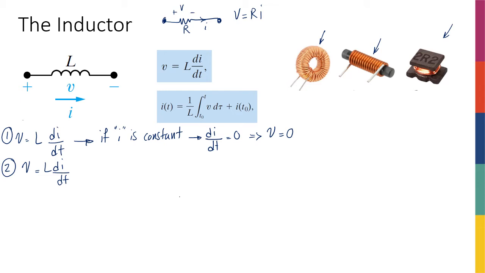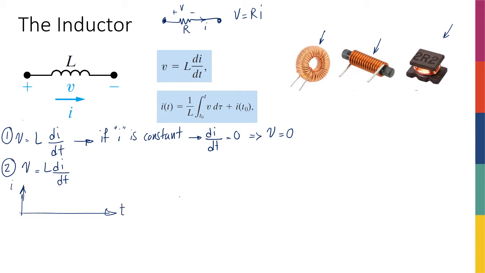If I have a finite change in zero time, what will happen? Well, let's look at this mathematically. Let's say this is my I, and this is time.